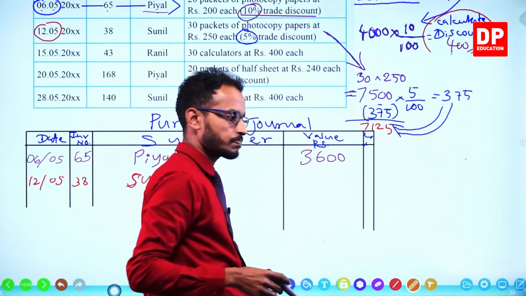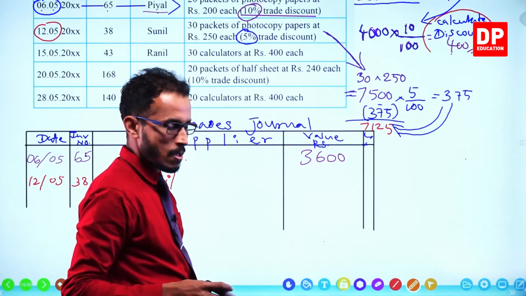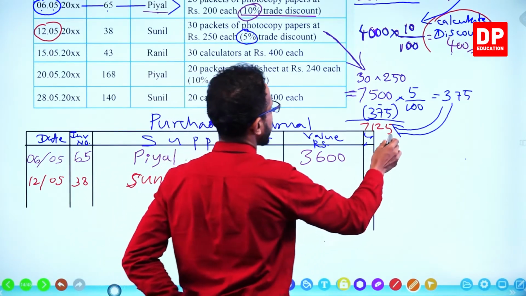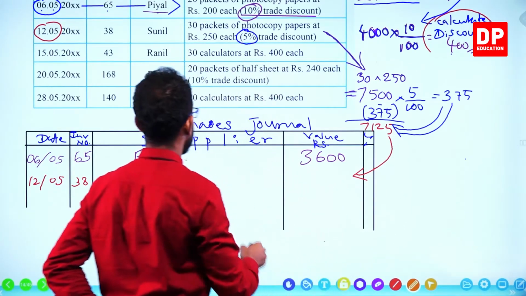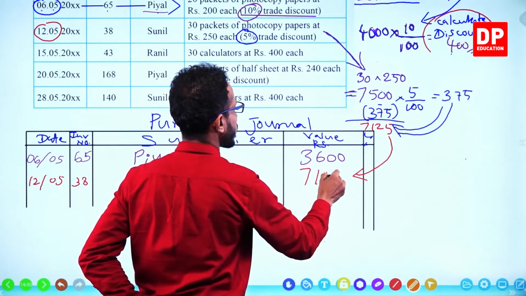Is that correct? Yeah, it's correct. That net value comes here. 7,125.